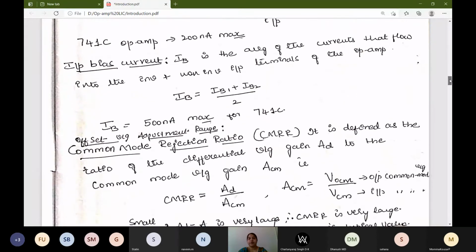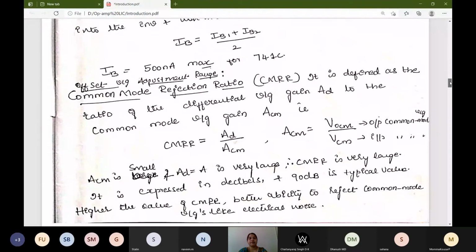Next, practically, one more important concept which we'll be studying here is the common mode rejection ratio, that is CMRR, a very important one. It is defined as the ratio of the differential voltage gain AD to the common mode gain ACM. Differential voltage gain means we give two different voltages at the input terminals.